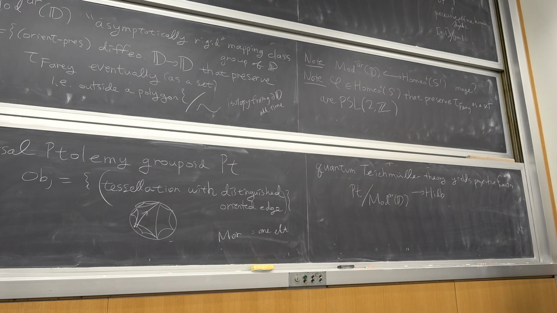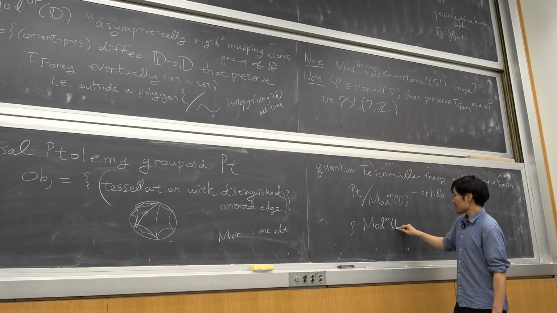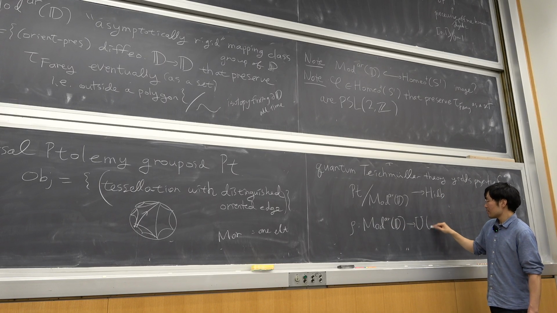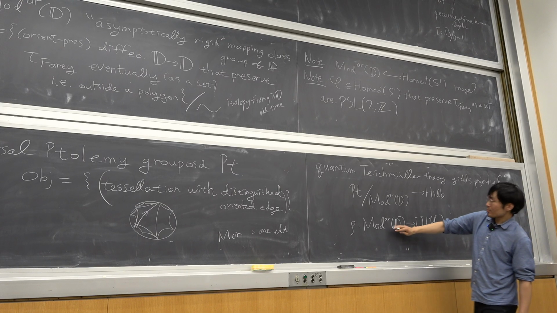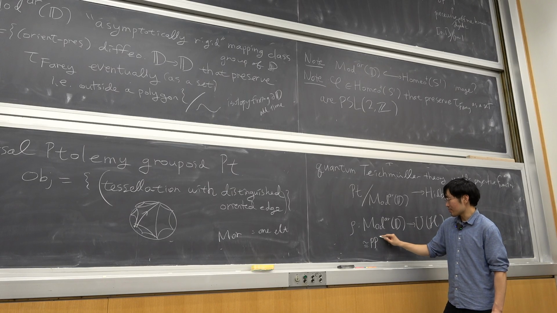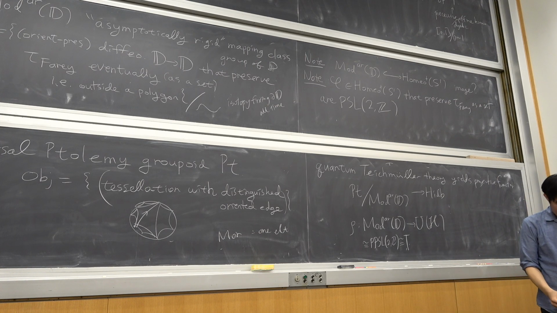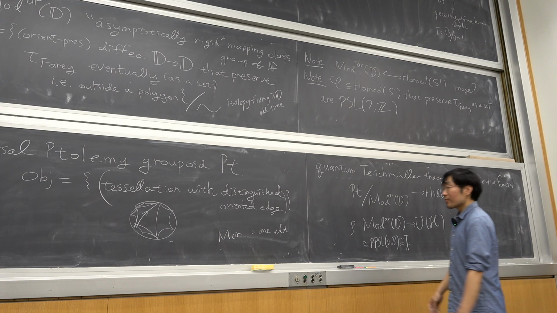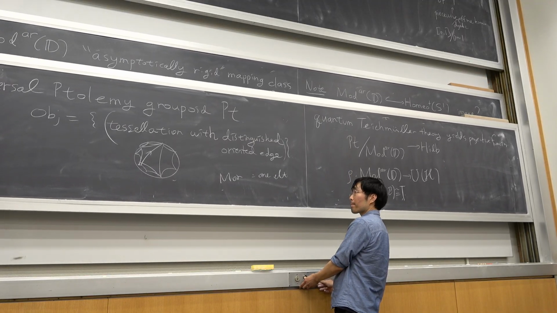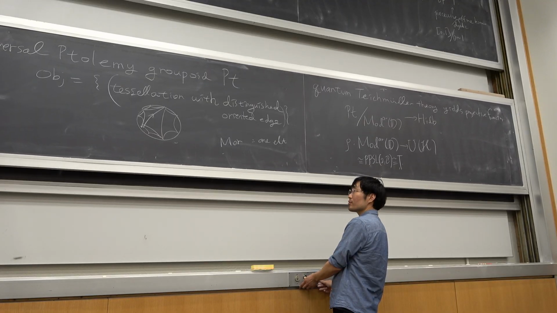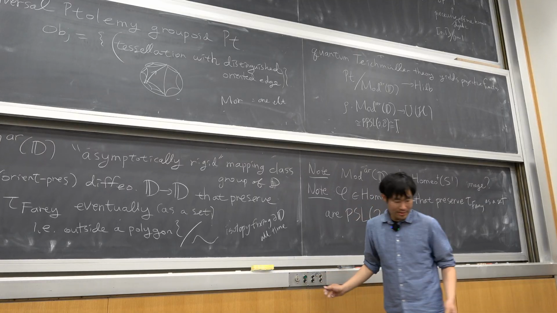And out of that, you can also extract the projective unitary representation of this asymptotically rigid mapping class group. But this was isomorphic to all sorts of groups, PPSL2Z, also to the Thompson group T. So you do get a projective unitary representation of the Thompson group T. And what do we do with it?